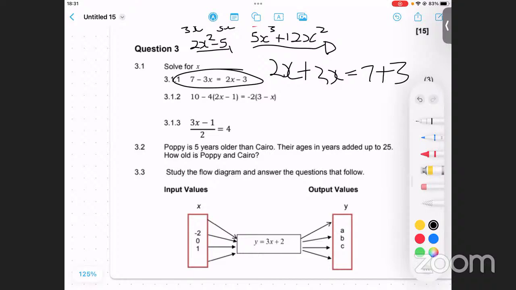And then 6 plus 6 is going to give us 12. Then you're going to put plus 12, and that's our final answer, I think. What's our final answer? X is equal to?